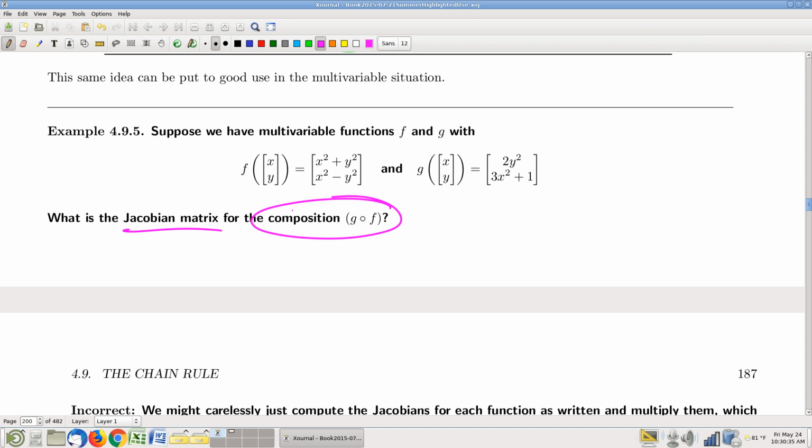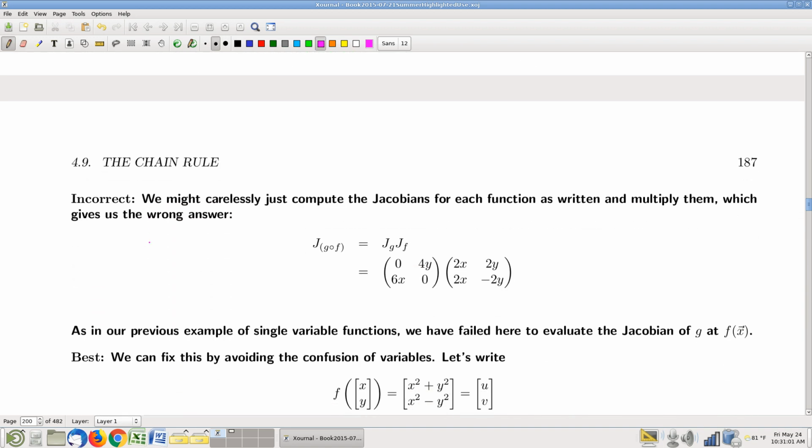As soon as I say that, well look, I can't. This doesn't make any sense. What comes out of f, that which goes into g, I'm calling that x, which is nonsense, and I'm calling that y, which is also nonsense. So, no good anymore. So let's rewrite, just to avoid the confusion of variables. No big deal.